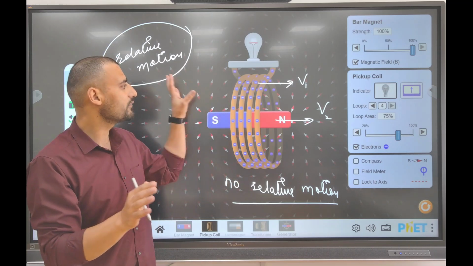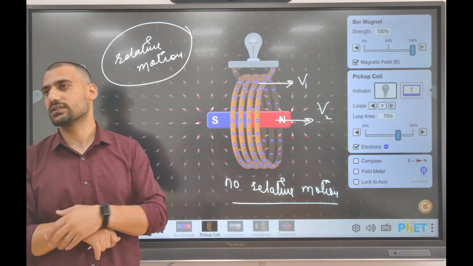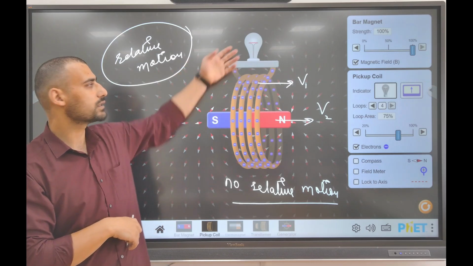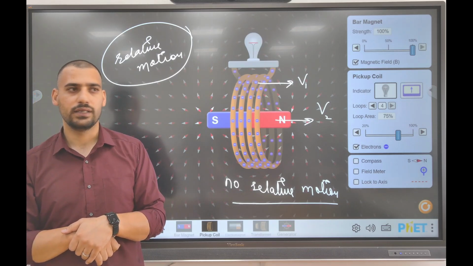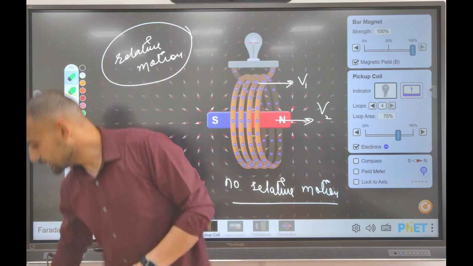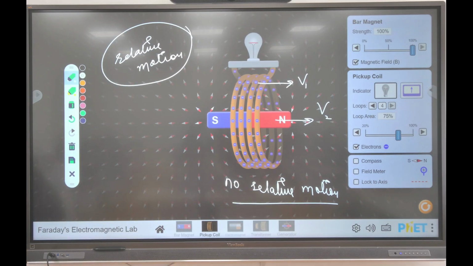So these are the various cases where we will see the flux changing and due to which the bulb will glow. Is that clear? So let me draw 5 diagrams here and let me ask you in which of the cases the bulb will glow and the bulb will not glow.